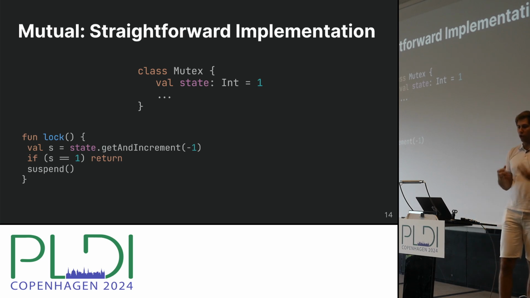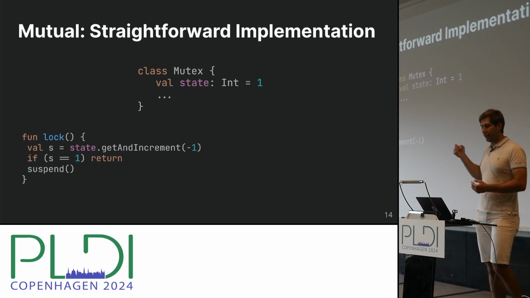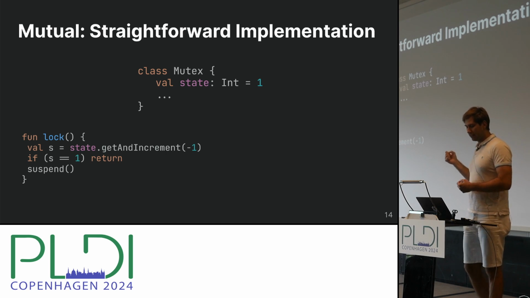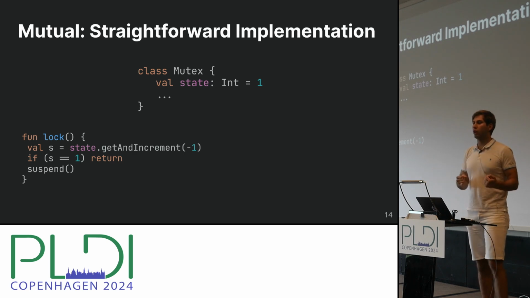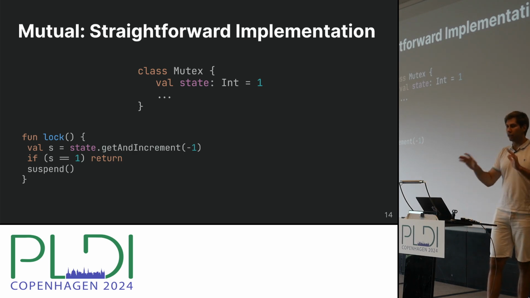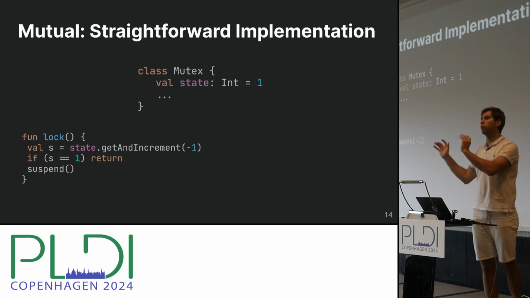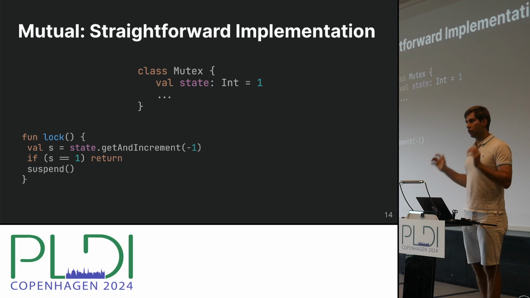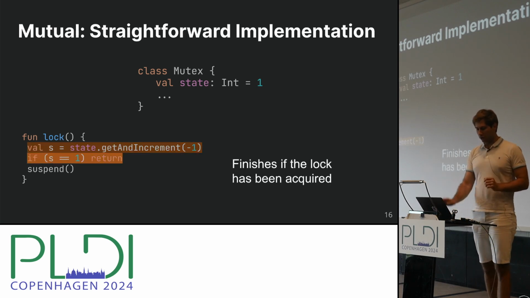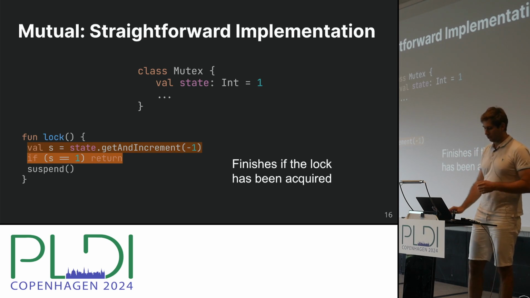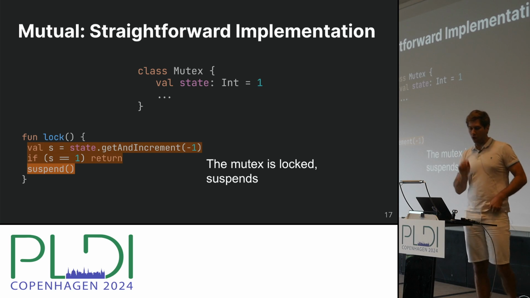To acquire the lock, we can atomically decrement this state. And if it was in the unlocked state, so you just acquired the mutex, you finish. Otherwise, you need to suspend and wait for the lock permit. So here we acquire the lock first, or increment the number of waiters, and we finish with the lock acquired, or suspend.